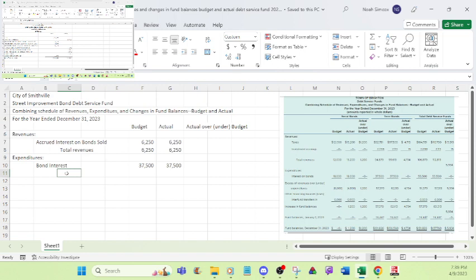Oh, it's funny, when they have only one expenditure, they don't have a total. They don't have a subtotal there.